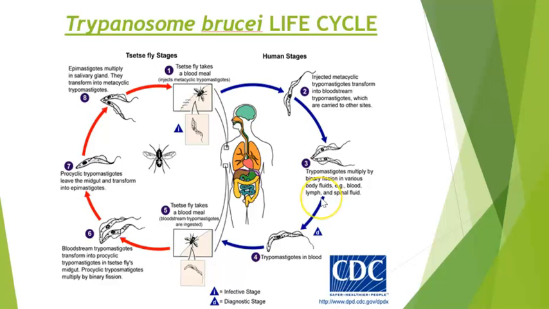It usually happens in body fluids and blood and lymph fluids, and the trimastogote enters another tsetse fly when the human is bitten again, and the life cycle of the parasite continues in the tsetse fly, and another human is infected when that tsetse fly bites another human.